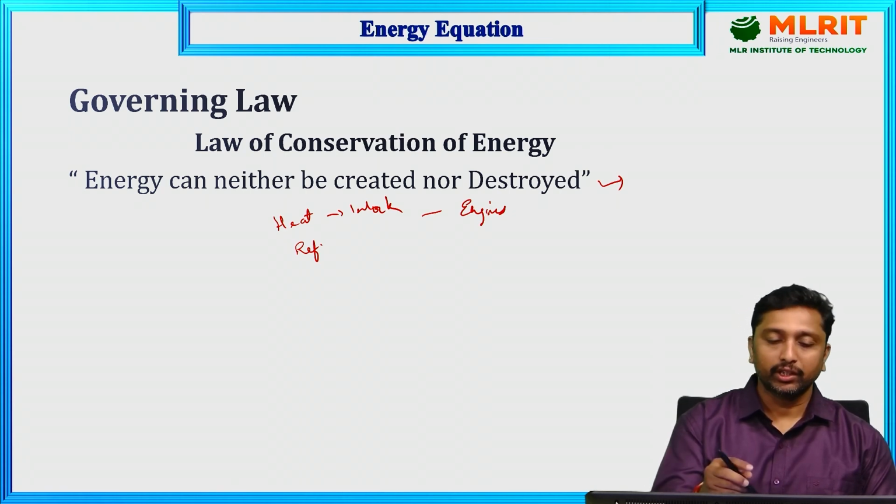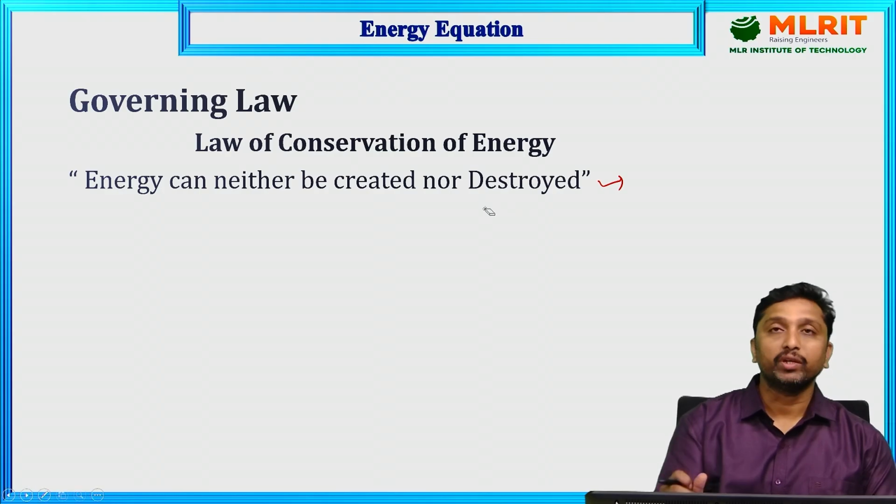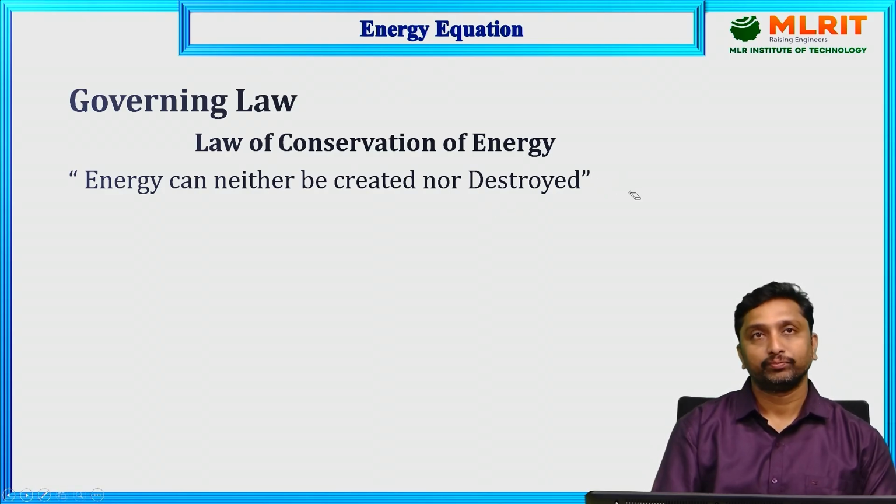So energy can be converted from one form to another, but it cannot be destroyed. That means it cannot be brought to zero. So total change in energy of the system has to be zero.